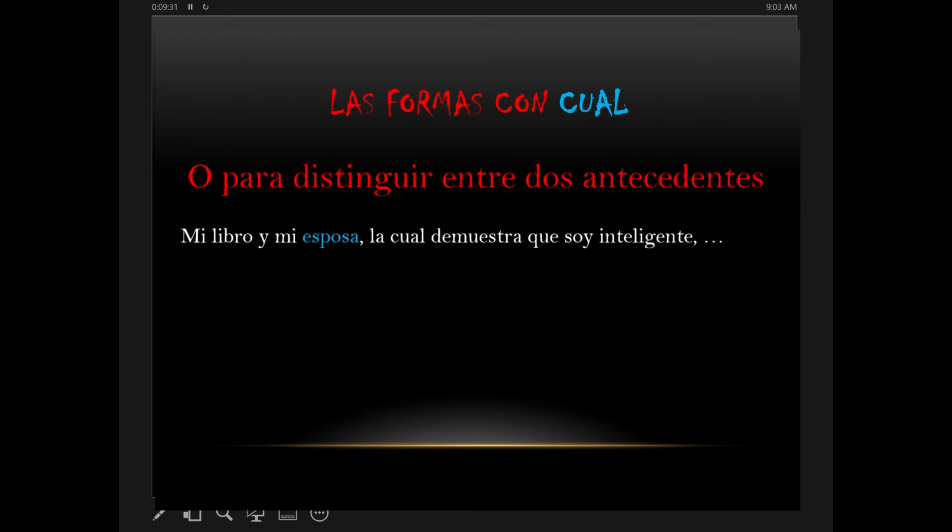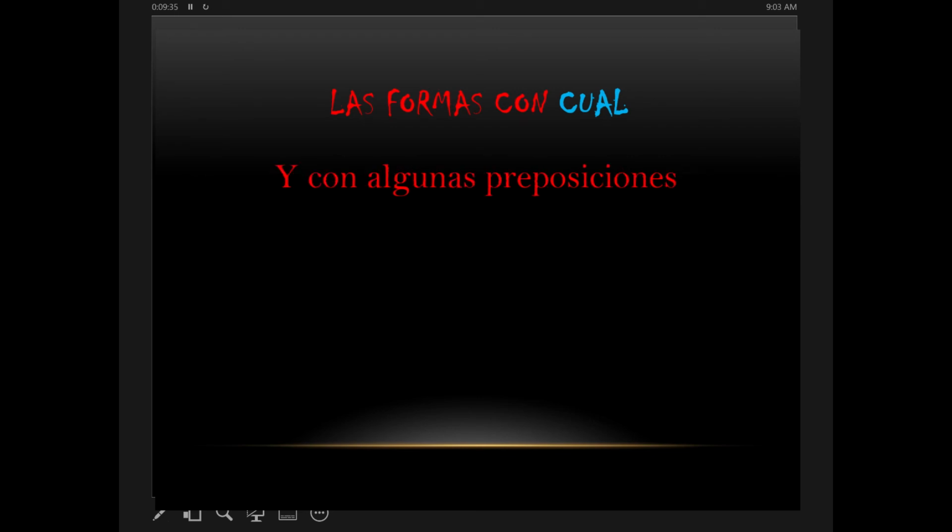And there are some prepositions where we want to use the cual form rather than the simple que. Here's an example: mis estudios para que pago mucho. Para que is also a conjunction that we're going to see later, and it's a trigger for the subjunctive, just so you know.